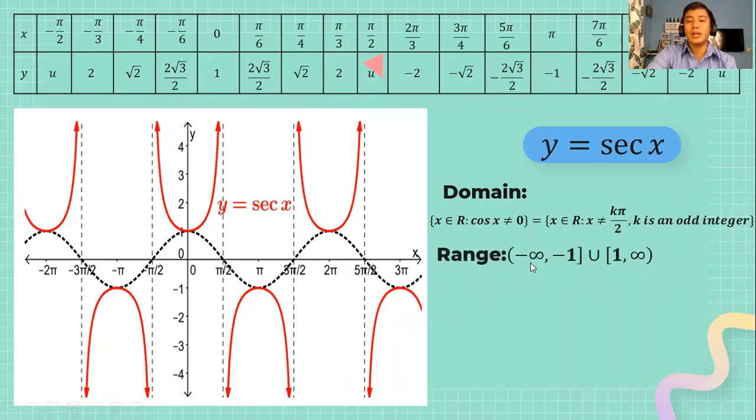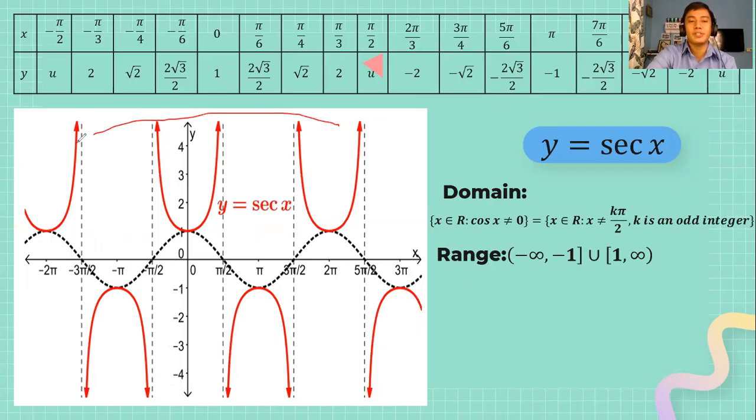For the range, we have the same as with cosecant: negative infinity to -1, union 1 to positive infinity. As you observe, the range goes from 1 to positive infinity and from -1 to negative infinity.